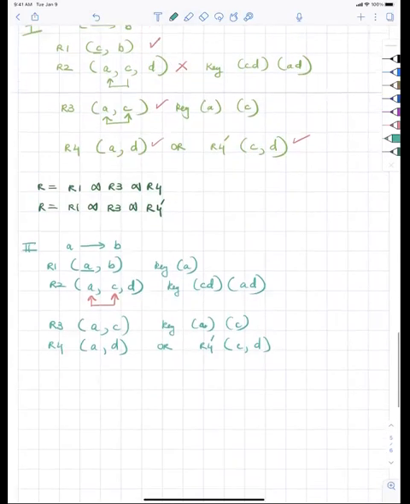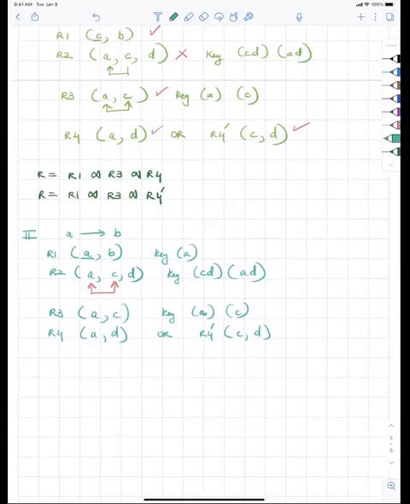So again, if you start with A, B, you can have R equal to R1 join R3 join R4, or you could have R equal to R1 join R3 join R4 dash. So both of them are fine.